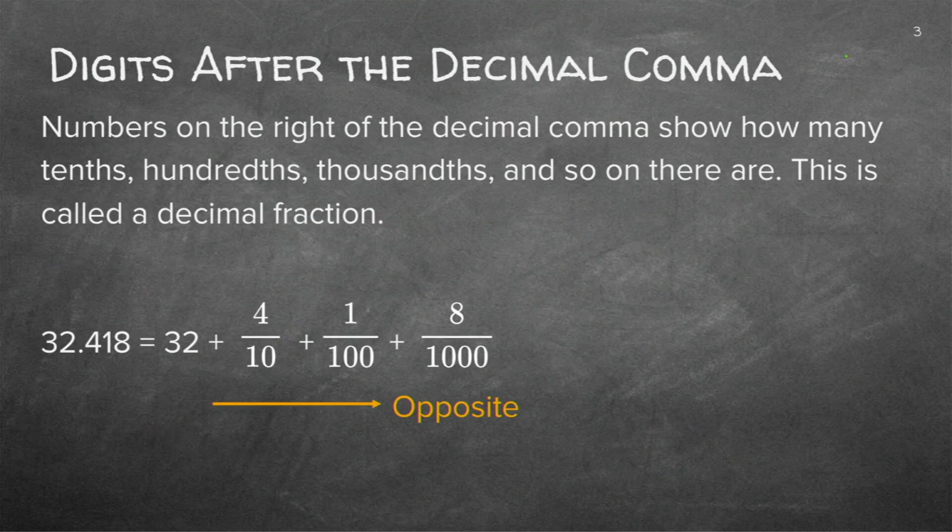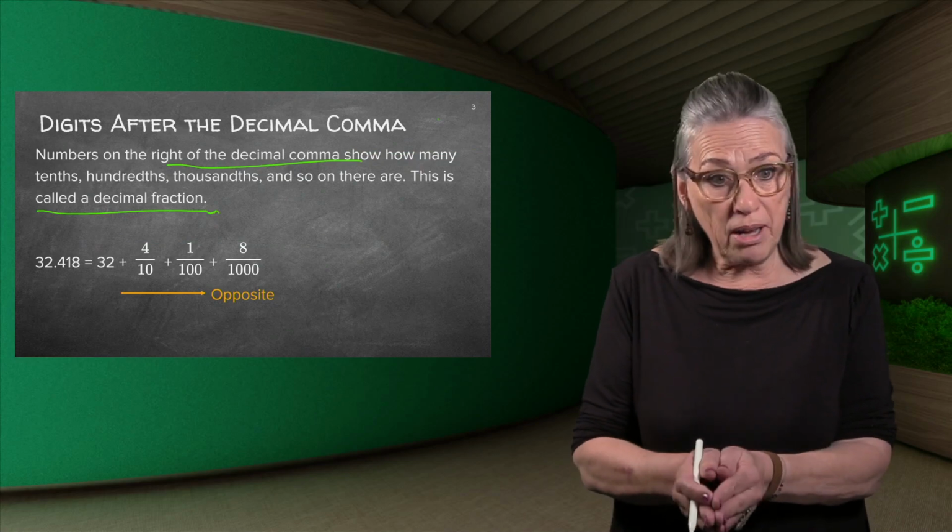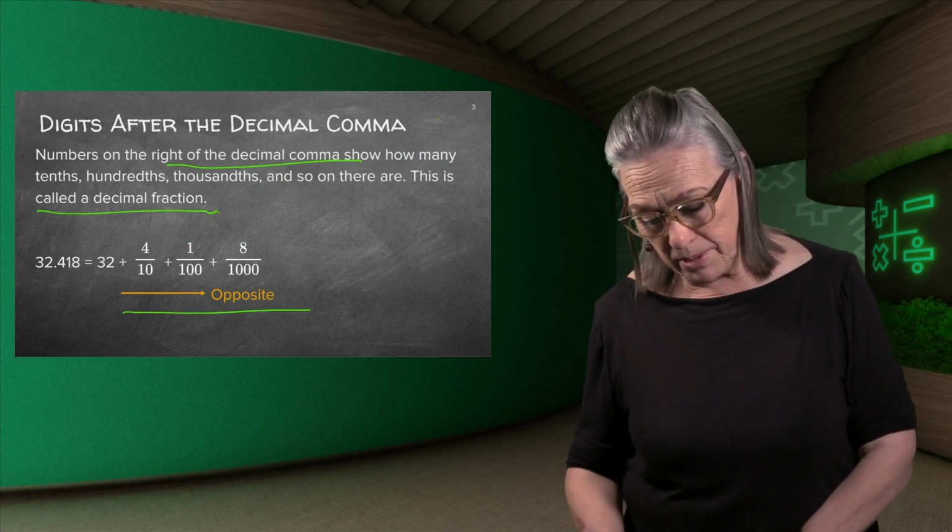So now, if we do decimal commas in the decimals, we go on the other side of the comma. So numbers on the right of the decimal comma show how many tenths, hundredths, and thousandths, and so on there are. So remember, we said this is called decimal fractions. So with a decimal fraction after the comma, we go in the opposite direction.